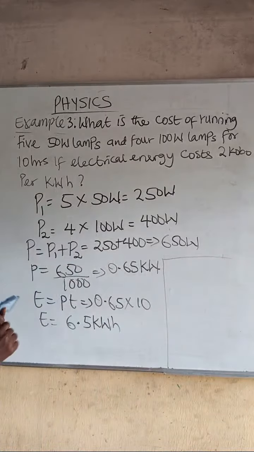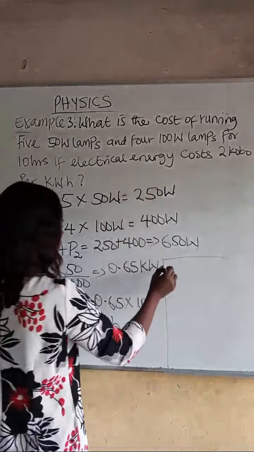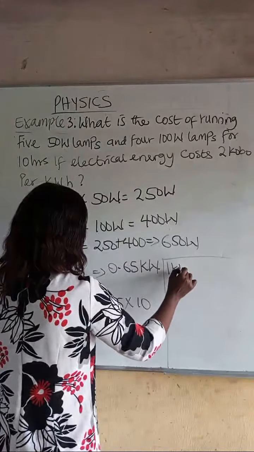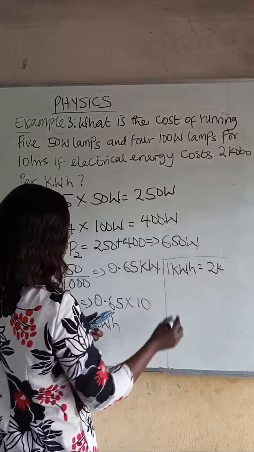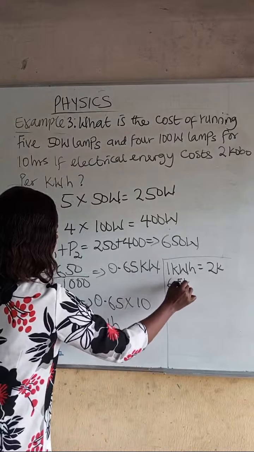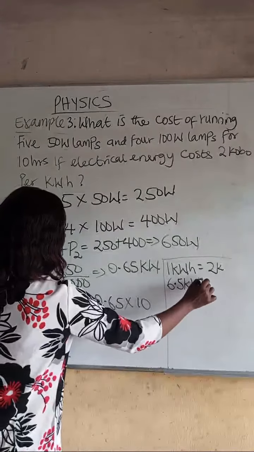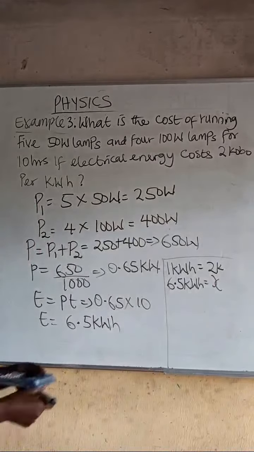But from this question, 1 kilowatt hour is given as 2 kobo. 1 kilowatt hour is equal to 2 kobo. Therefore, 6.5 kilowatt hour is going to give us X, and that is what you're looking for.